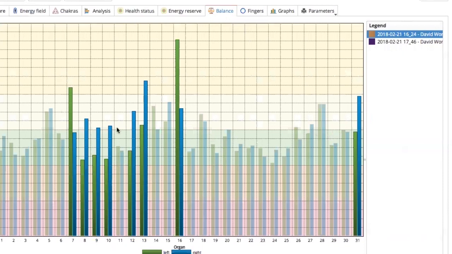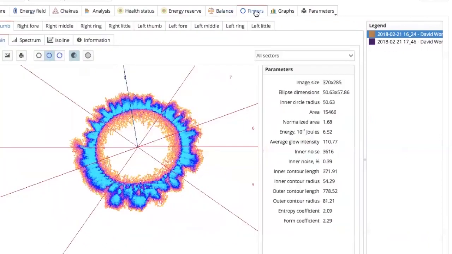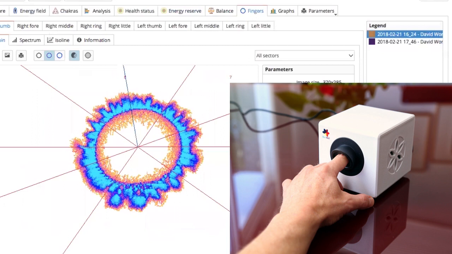Okay, so how this works is it takes pictures of your fingers. In Chinese medicine, even in Ayurvedic medicine, if you divide your fingers into quadrants, into sections like a pizza, each part of your finger determines a certain part of your body.